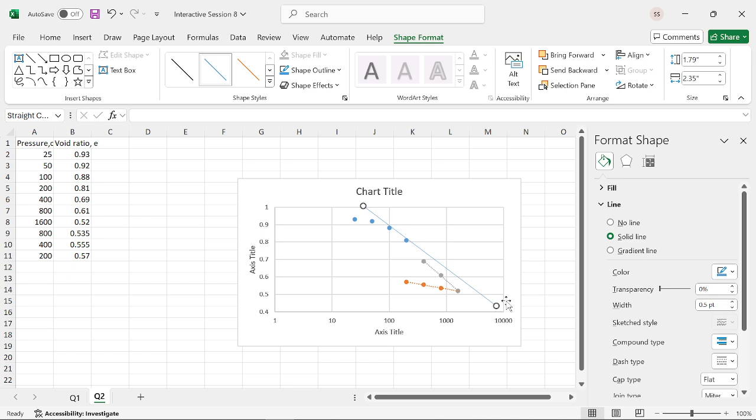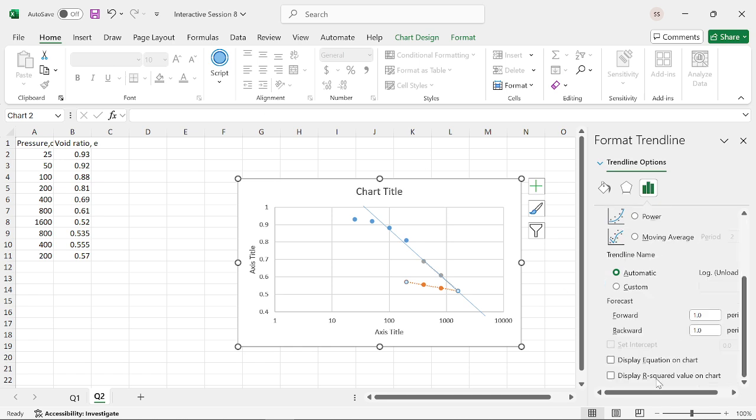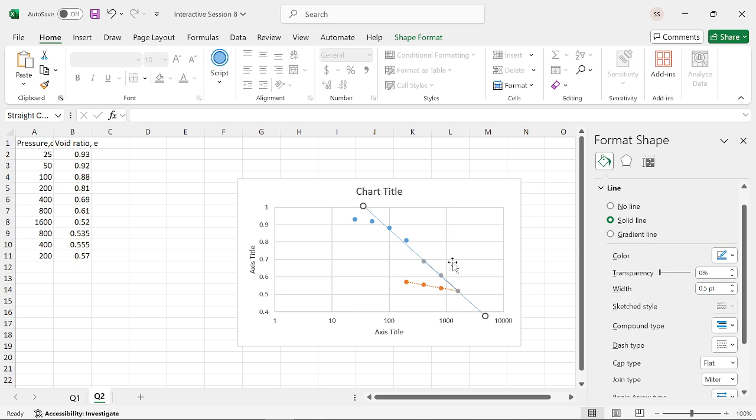So this is the slope of our Cc, and this will be the slope of our unloading line.